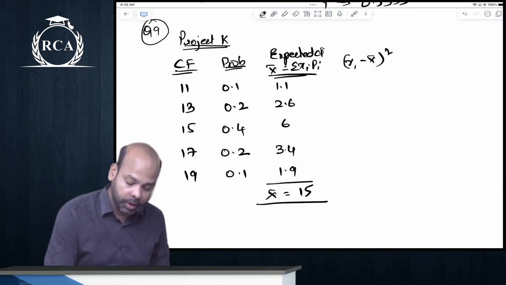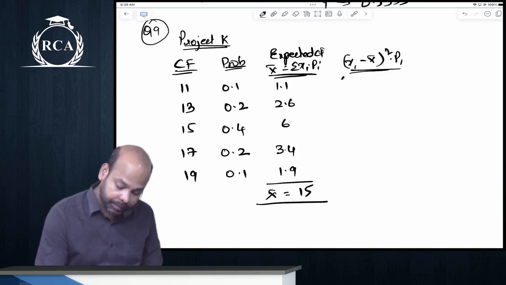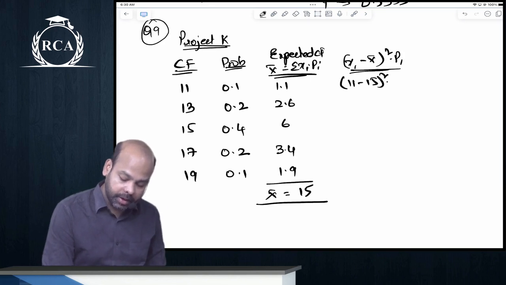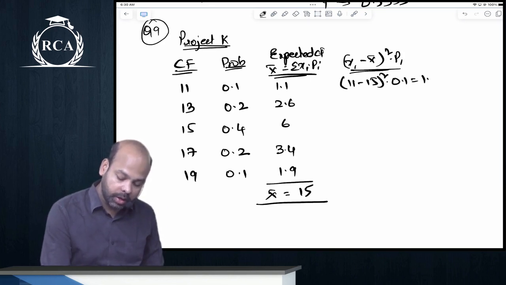You will then compute xi minus x bar into pi. 11 minus 15 is 16, into 0.1, 1.6. 4 multiplied by 0.2, 0.8.